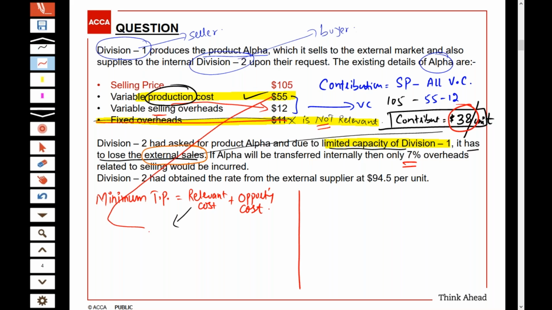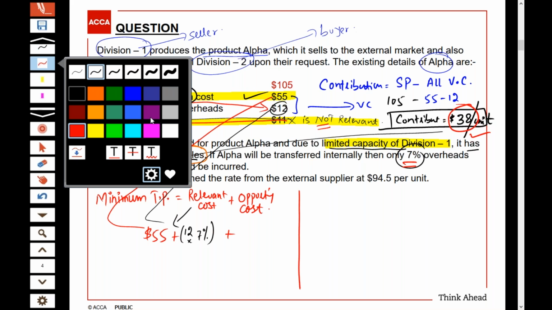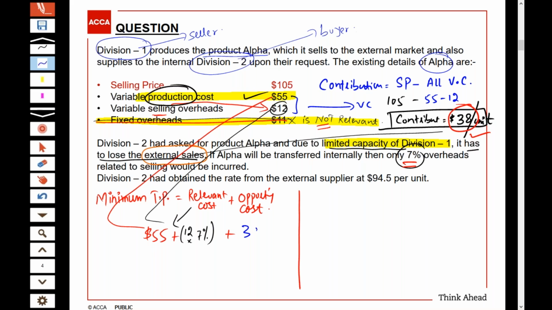So I will count $55 as a production cost, plus I will also need to count 7% of selling overheads, which is 12 multiplied by 7%. And the opportunity cost is the lost contribution, which is $38, so that I will be in a position to quote you at least this amount.